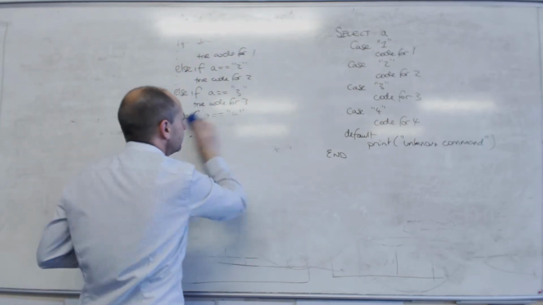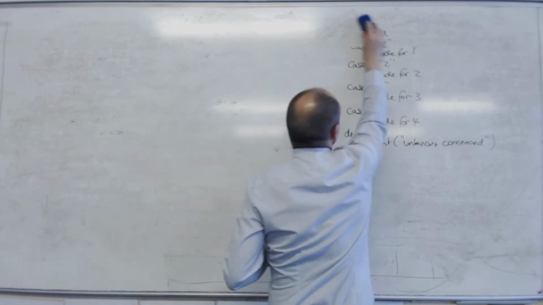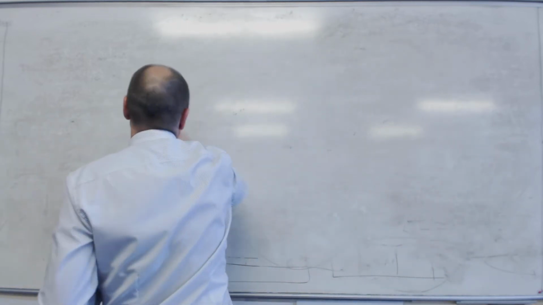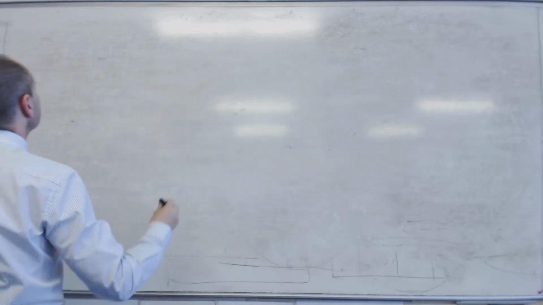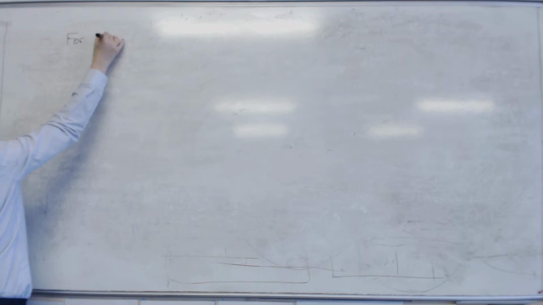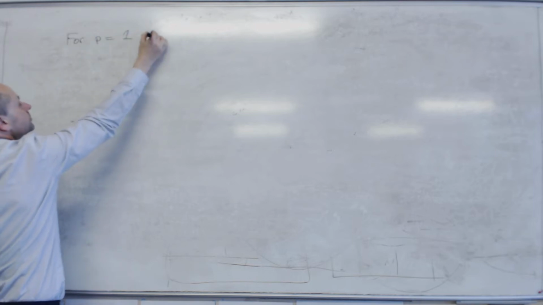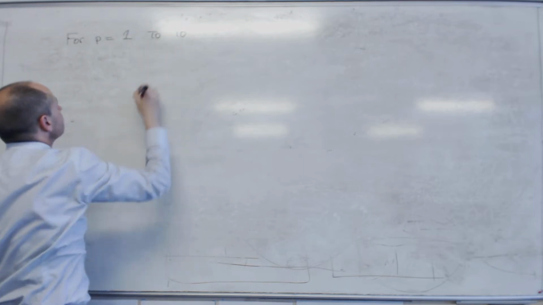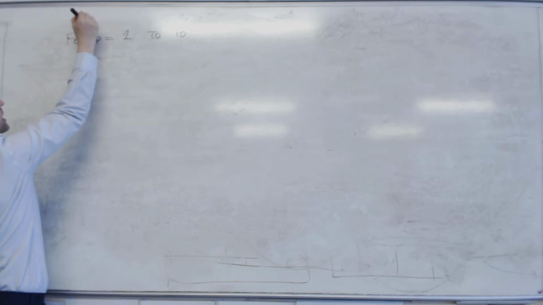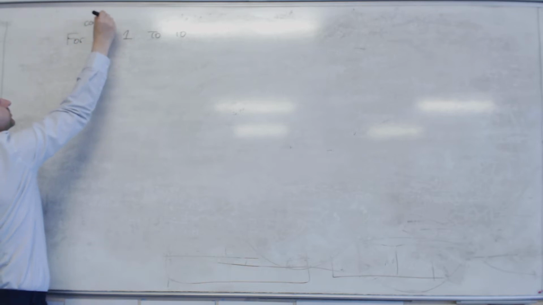Our 3 types. So the for loop. A for loop has a distinct starting point. We have the loop counter, or the control variable.